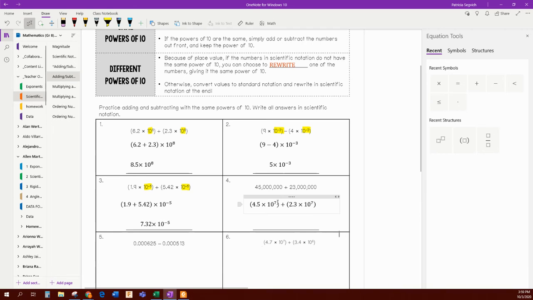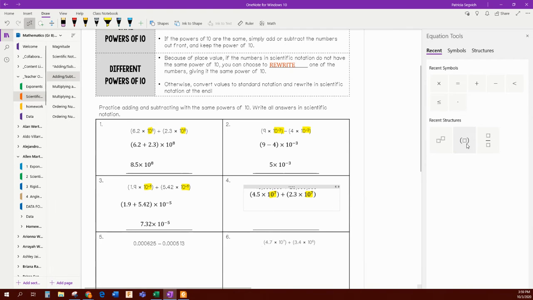Okay. And move this up so we have a little more space. It's not going to be covering it anymore. So now, because we have these same exponents, we can just add the first terms.